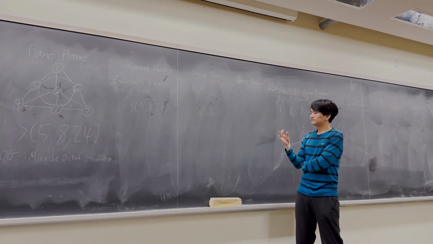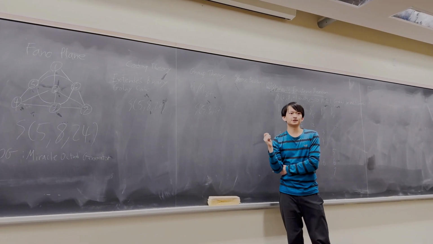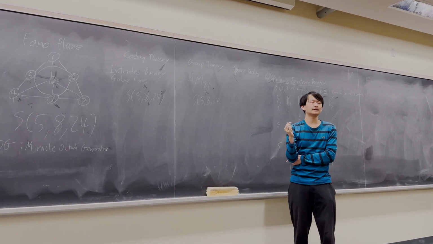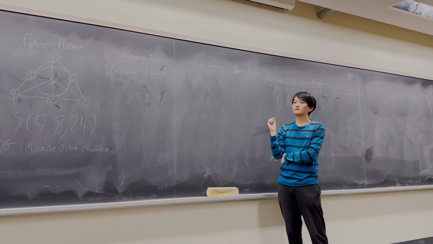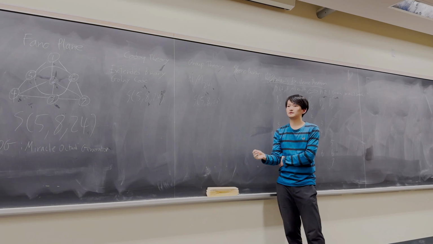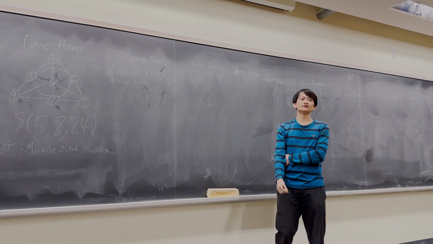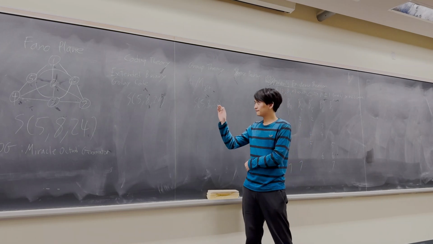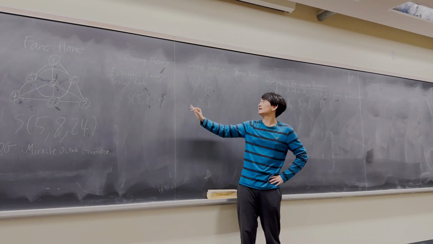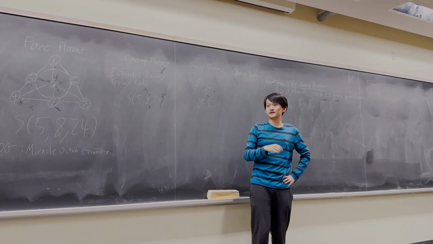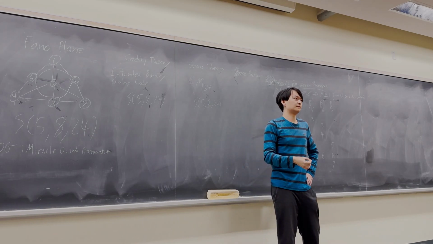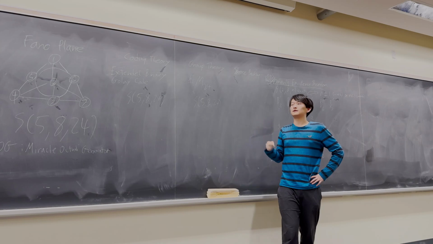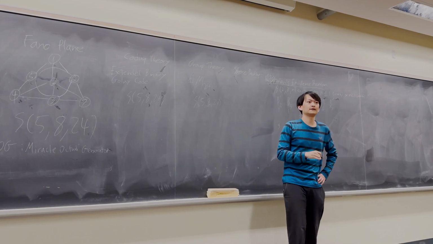There are many dimensions in which the problem of sphere packing remains unsolved to this day. However, one of the dimensions in which we do have a solution is, surprise, surprise, 24 dimensions. It turns out that S(5,8,24) can be used to form what we call the Leech lattice, and the Leech lattice in turn is used to find the optimal sphere packing in 24 dimensions.